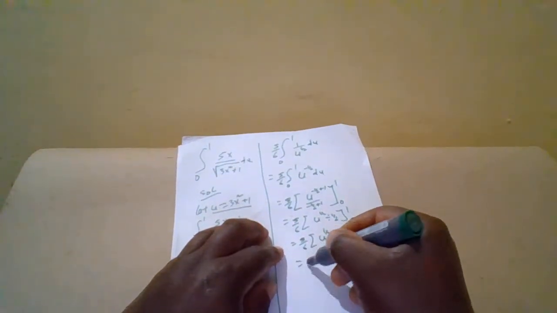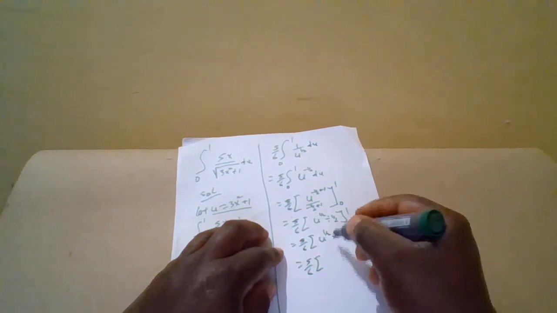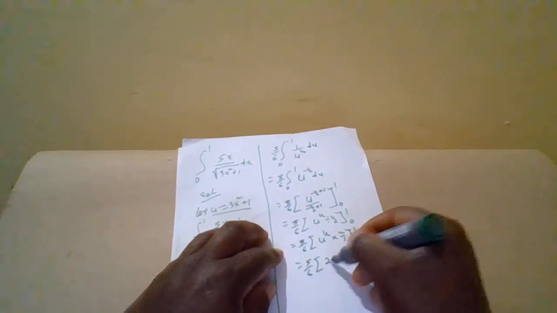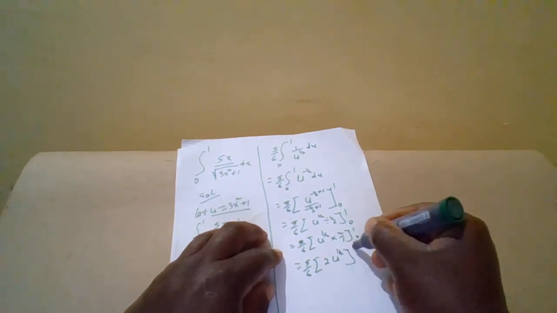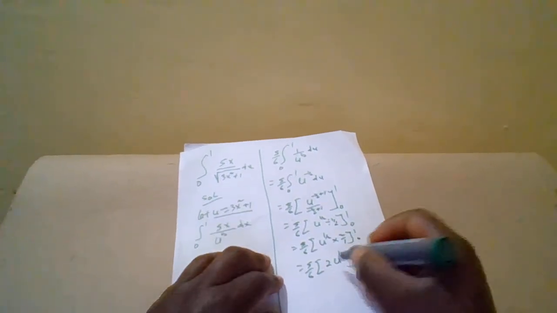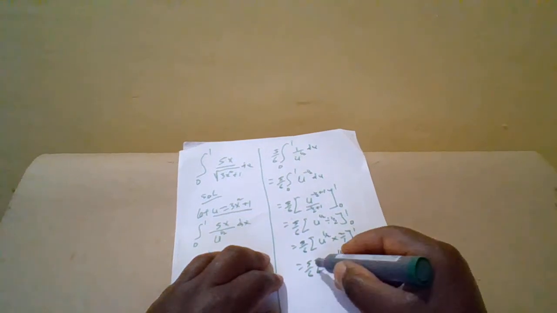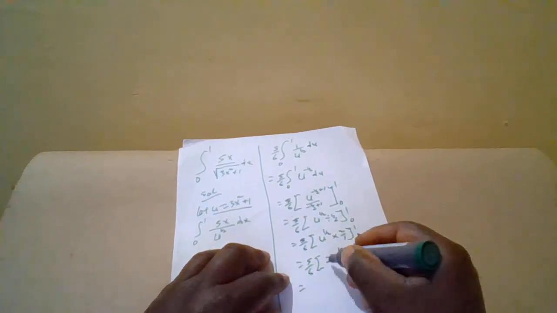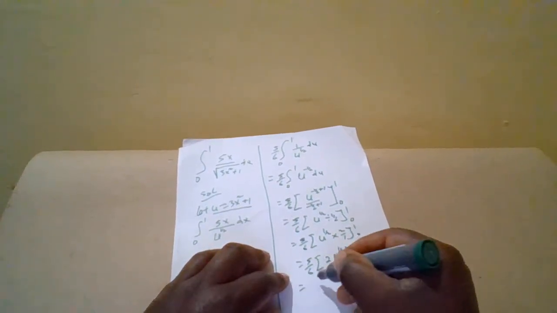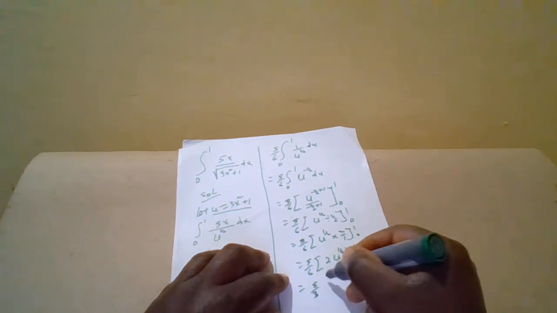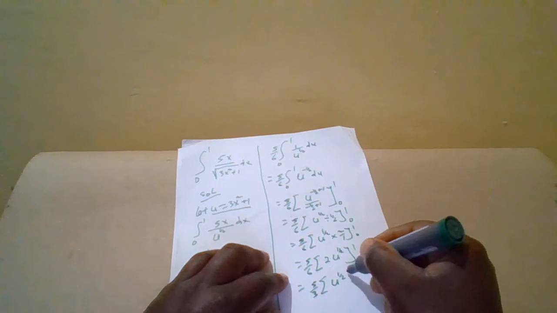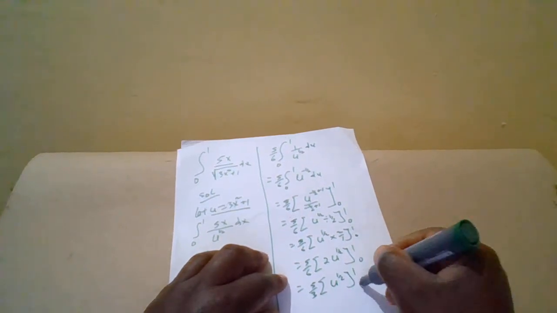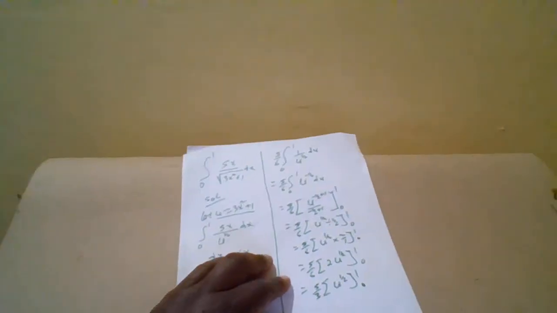So this equals 5 over 6 times 2u raised to a half, from 0 to 1. We take 2 out, so 2 will cancel the 6, and we have 5 all over 3 times u raised to a half, integrating from 0 to 1.